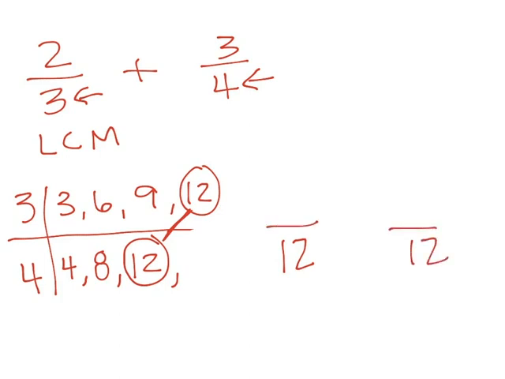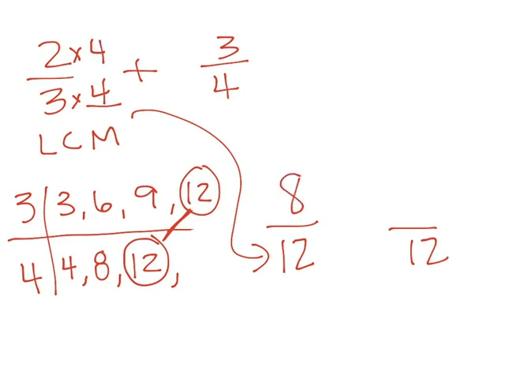Well, so then I look and I think, okay, 3 times what equals 12? Well, 3 times 4 equals 12. So what I do to the bottom, I have to do to the top. So 2 times 4 is 8. So then I go over here and I think, okay, 4 times what equals 12? 4 times 3 equals 12.